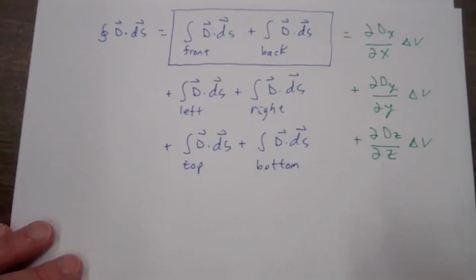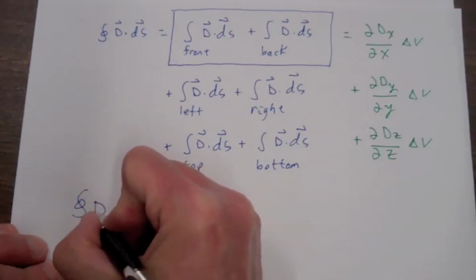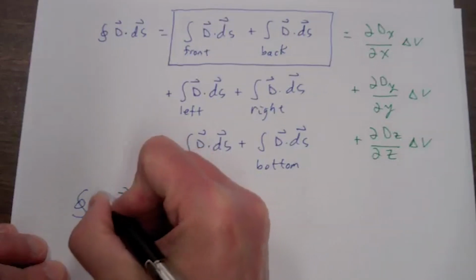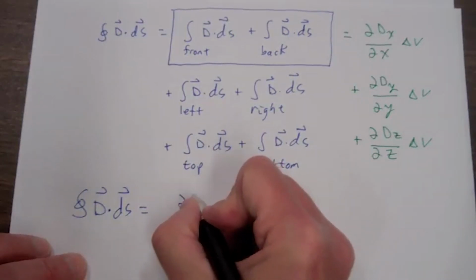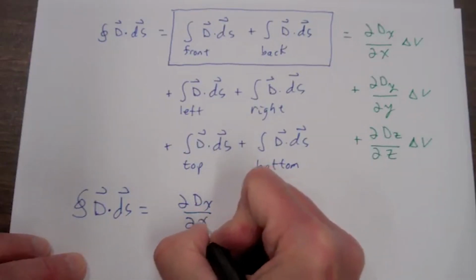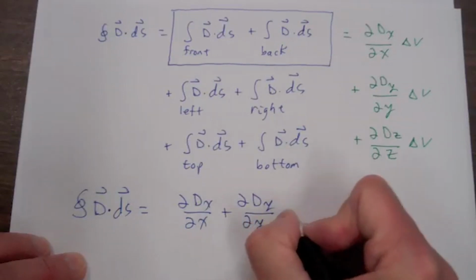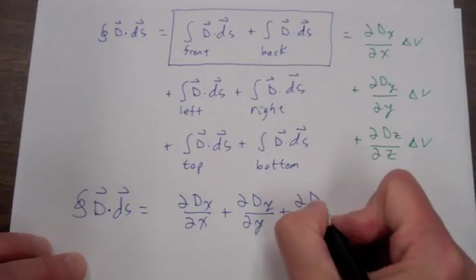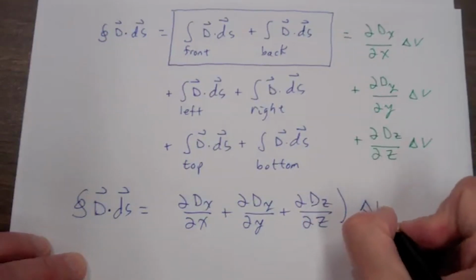So let's rewrite then: the integral of D dot dS over the surface of the cube is equal to the partial of D sub x with respect to x plus the partial of D sub y with respect to y plus the partial of D sub z with respect to z, times delta v.